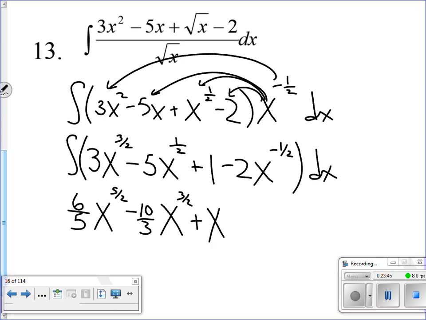Because 1 is the derivative of x. Next term, you add 1 to the old exponent, giving you positive a half. So that means you need to multiply by positive 2. So it's minus 4 out front. And there you go. So no u sub on that one.